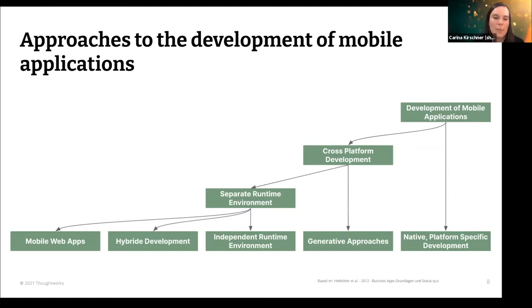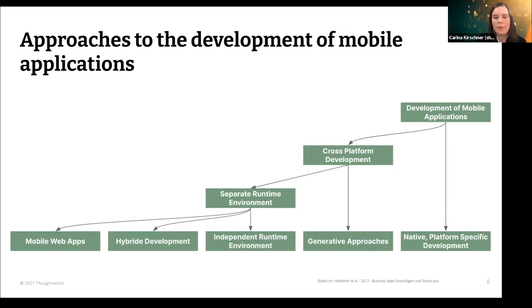Let's start with mobile web apps, which you can think of as a website or web page optimized for mobile and accessible over the browser of the mobile phone. This, of course, means that you have limited functionality, and also the look and feel might differ, because you might not be able to use native elements of the platform as you can in an app.